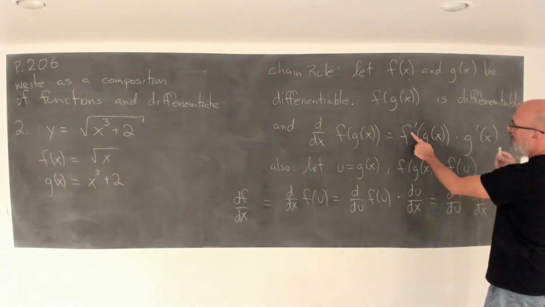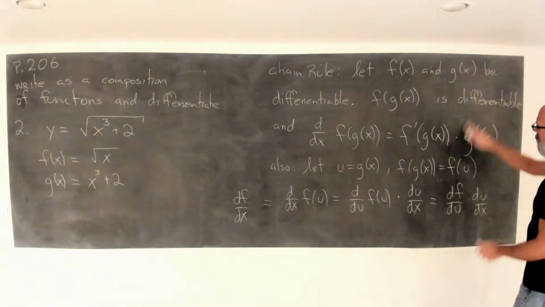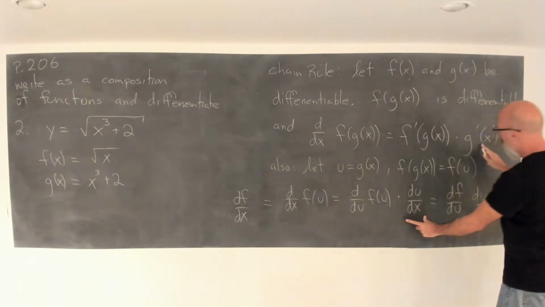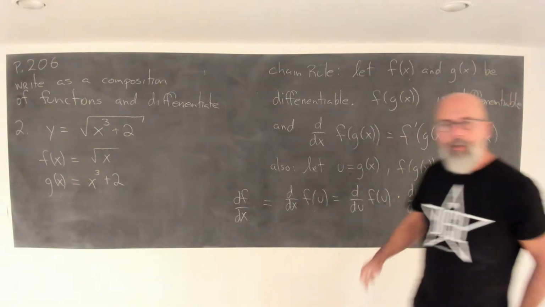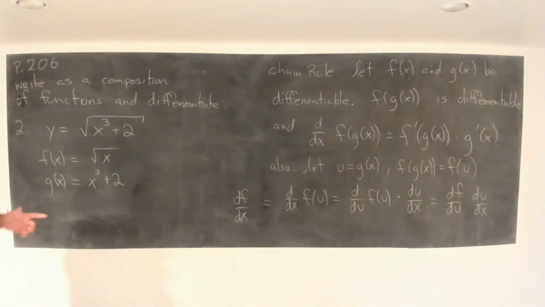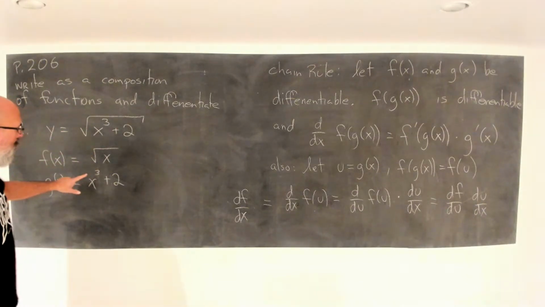This is f prime of u, so df du, and this is the derivative, du dx. So all I've done here is rewritten the chain rule in a different way. But let's not worry about that for now, and let's concentrate on this.